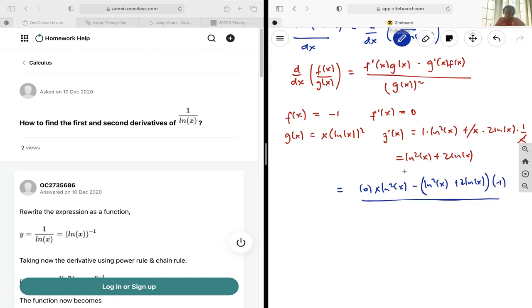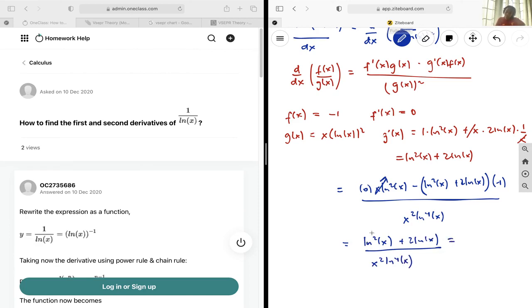And then all over g of x squared, so x squared ln to the power of 4 of x. This will become 0, -1 times -1 is positive, so this becomes ln squared x plus 2 ln x over x squared ln to the power of 4 of x.